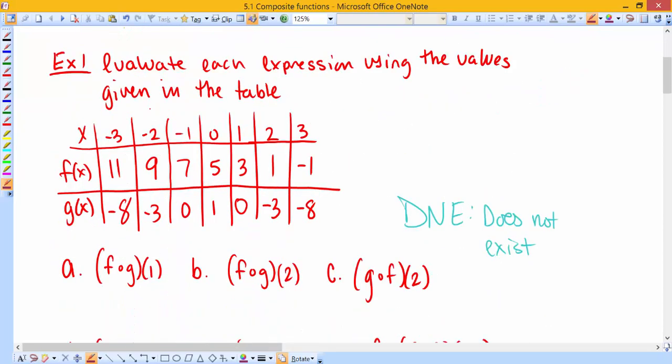So let's look at example 1. Now, I'm not going to rework every single example here. It should take maybe me going over 1 or 2 of them to kind of get your memory back on how to go through and evaluate compositions of functions. So I need you watching for this first example.